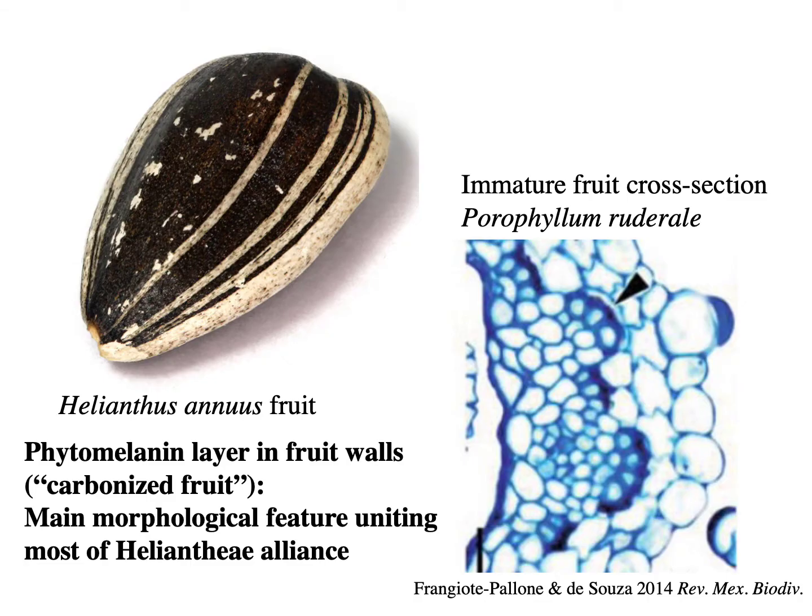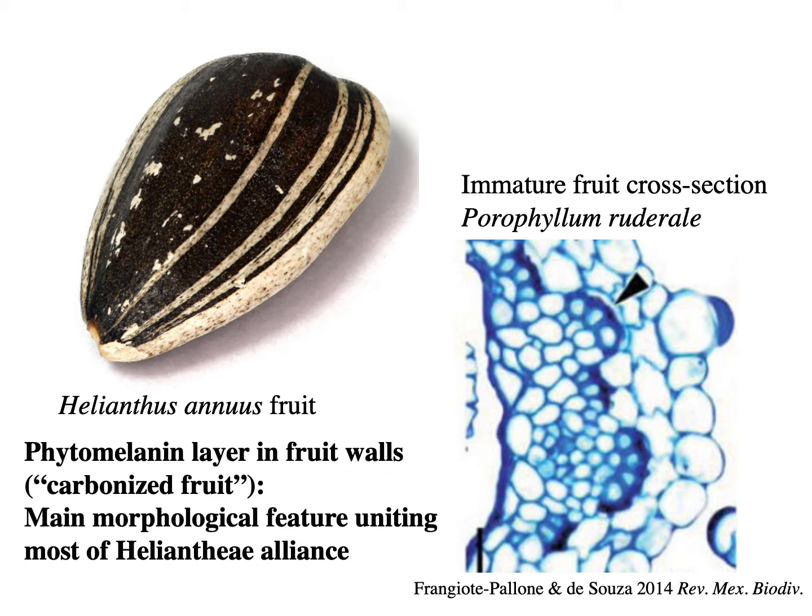So if we look across the group, there's one feature morphologically that unites most of the members of the Helianthe Alliance, and this is the presence of a layer of phytomelanin within the fruit walls that imparts this blackish coloration to the fruits, like you're familiar with from a sunflower fruit shown in the upper left here.